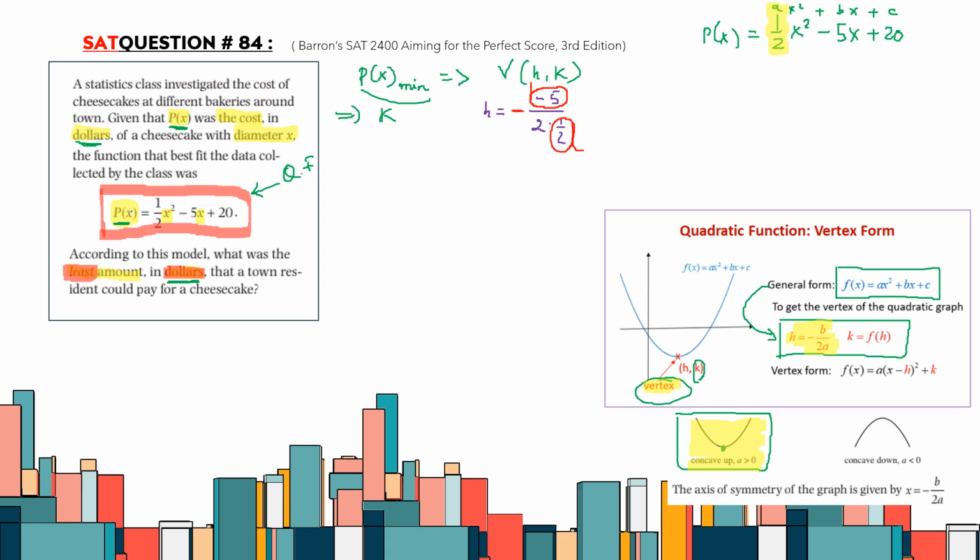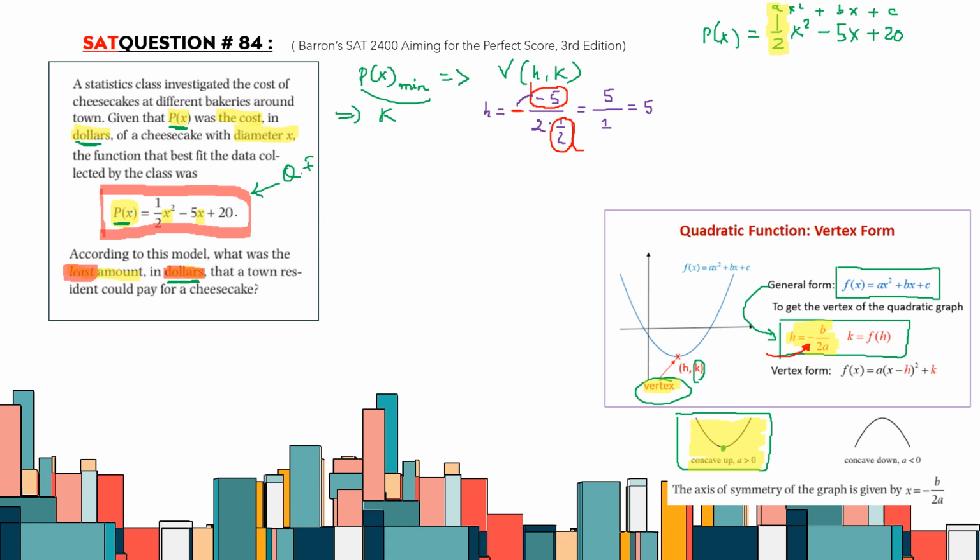Remember, the negative is from the formula, so don't mix it up with the negative from the b value. 2 times 1/2 at the bottom is 1, so h equals 5 over 1, which is 5.